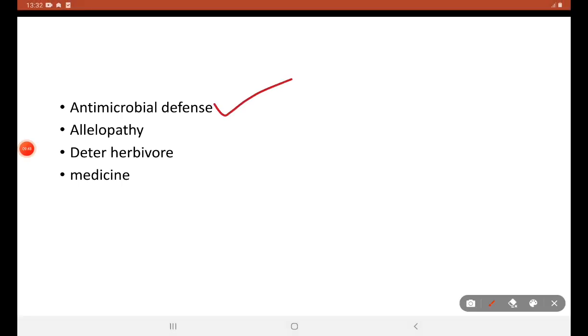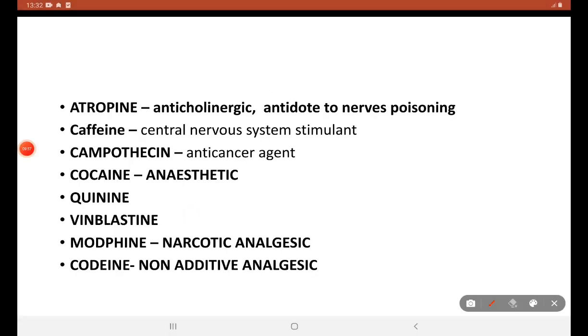Functions: antimicrobial defense, allelopathy, deterring herbivores, and acting as medicine for humans. Examples: atropine acts as an anticholinergic, an antidote for nerve poisoning. Caffeine, central nervous system stimulant. Camptothecin, anti-cancer agent. Cocaine, anesthetic.